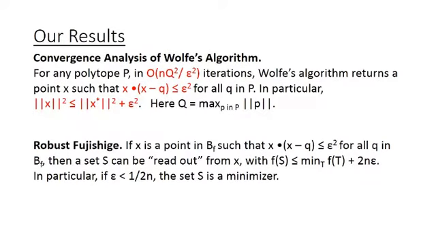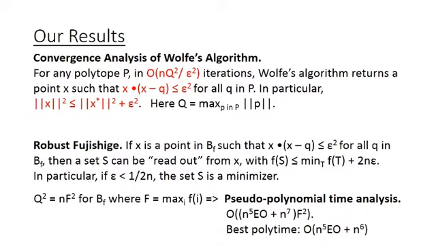So we have a proof, but this has been noticed by other people, that in fact, if you have a point in the base polytope, which is not the minimum norm, but it satisfies this technical constraint for all q, then I can find a set S which is very close to the minimum. So f of S is actually at most the minimum plus some 2n epsilon.